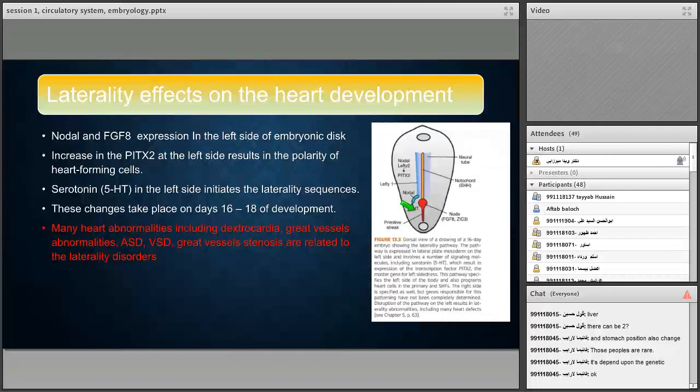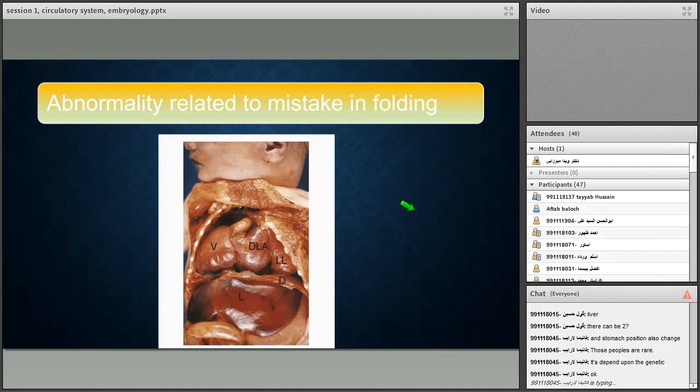They don't have a spleen. And if it is left-sided, they have polysplenia. They have more than one spleen, okay? For example, this is an abnormality related to mistaken folding.